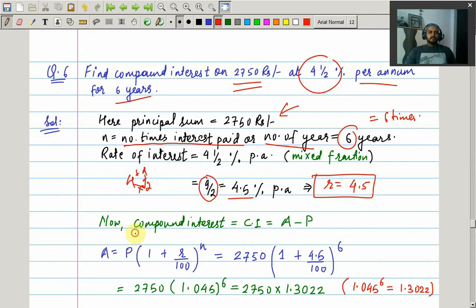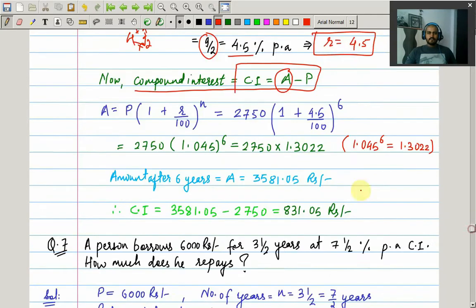Now compound interest is amount minus principal. Let's find the amount first. I have the formula for amount. Amount A is equal to P into (1 plus R upon 100) raised to N. Put everything into it. Try to solve this.